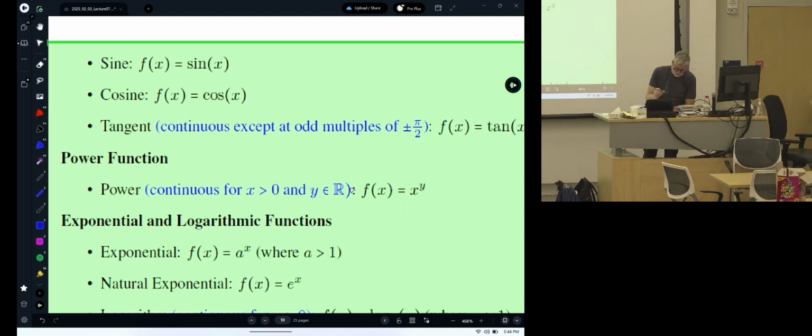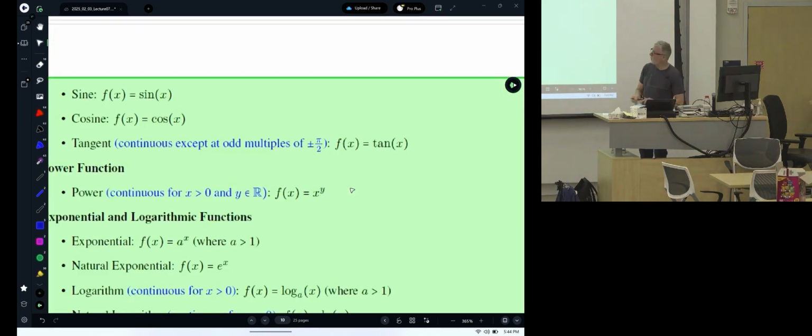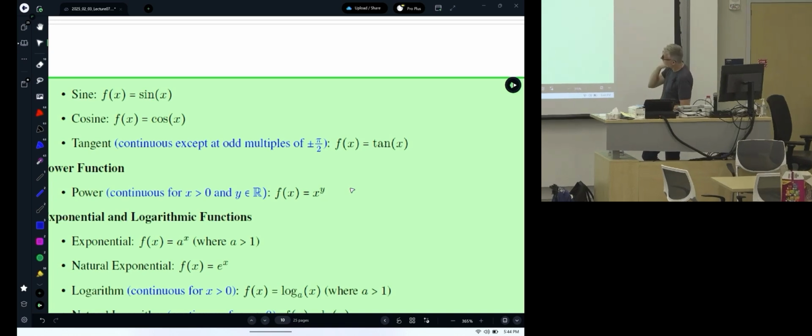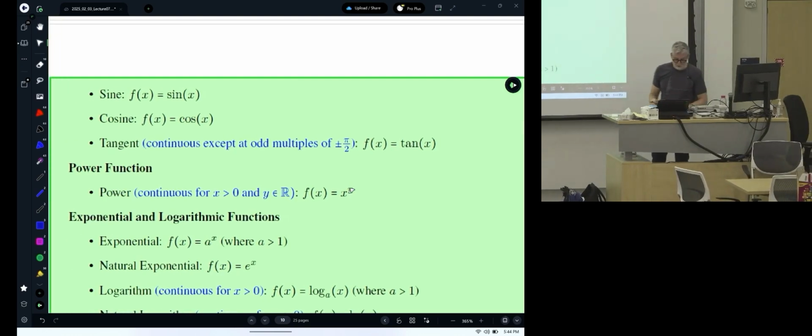Sine, cosine, yes. Tangent, except where cosine vanishes, okay? So it's sine over cosine, and we have to avoid the odd multiples of pi over 2. So tangent of x works. Power function, x to the power y over here.